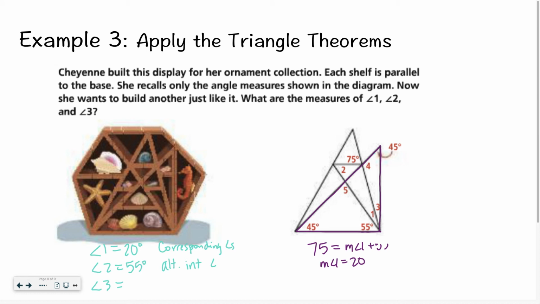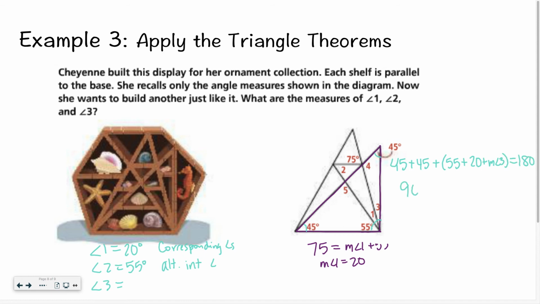I see that this larger triangle, I know that that's 45, and this is also 45, so I can say 45 plus 45 plus this whole angle, so that would be 55 plus angle 1, which we said was 20, plus whatever the measure of angle 3 is, that all has to equal 180.